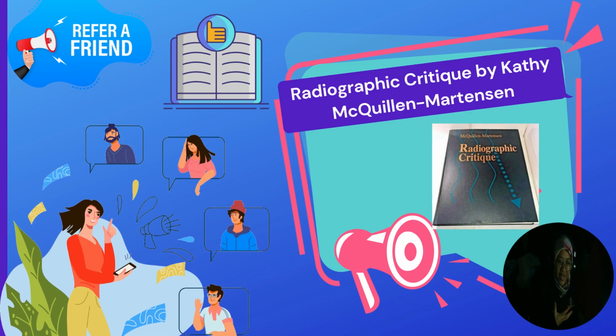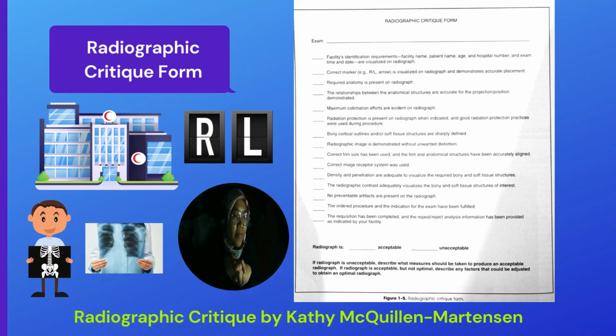If we are not sure, we refer to other persons, like our superior, our friends, our colleagues in radiography, before we perform the procedure. We also can refer to a book. So this is the book, which is very good in positioning to critique whether the radiograph can be accepted or must be rejected. The radiographic critique by Katie McQuillan.